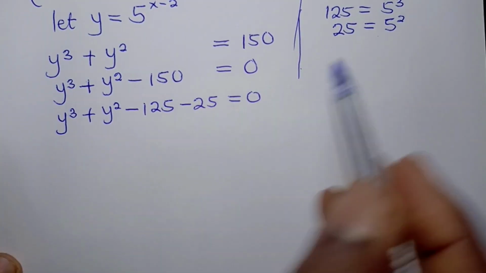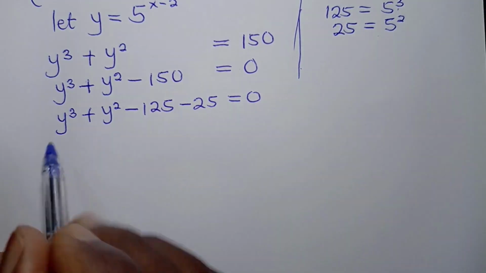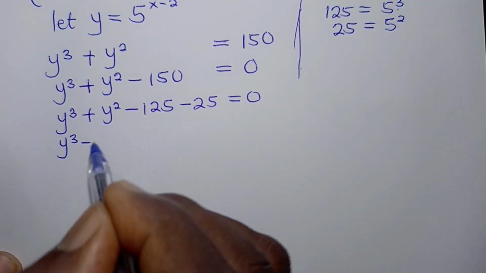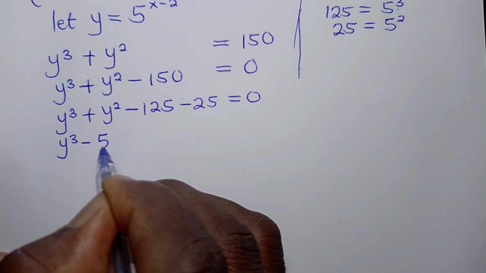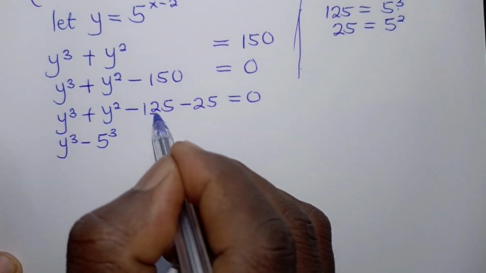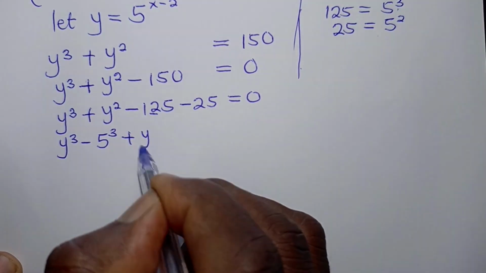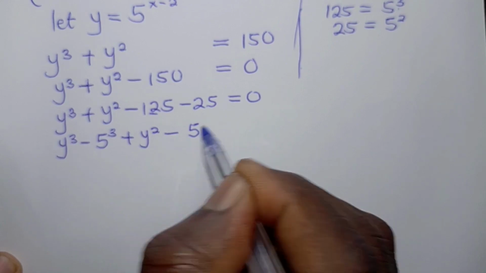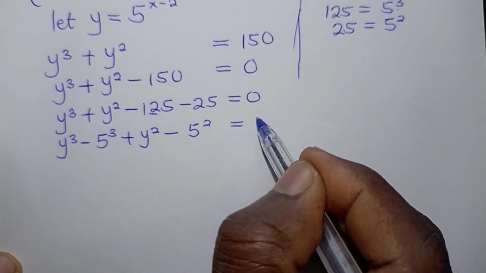Here we can replace the 125 and 25, and that gives us y to the power 3 minus 5 to the power 3, plus y squared minus 5 to the power 2, equals 0.